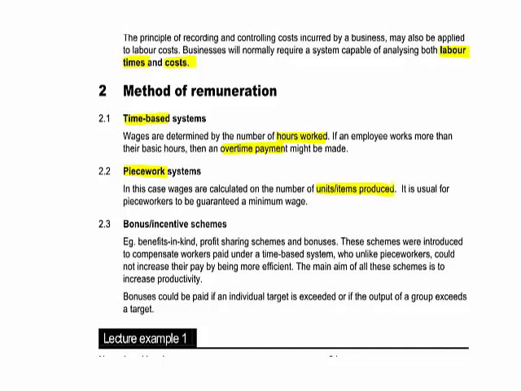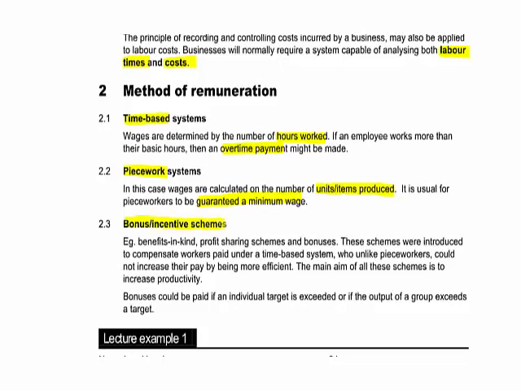In these situations it's very common that piece workers will be guaranteed a minimum wage, and if we relate that back to our cost classification, if we've got a piecework system, the minimum wage will be a fixed cost for the business, and then the variable cost will be the cost that they are paid per each item produced. And so the fixed cost combined with a variable cost is going to leave us with a mixed cost for a piecework labour employee.